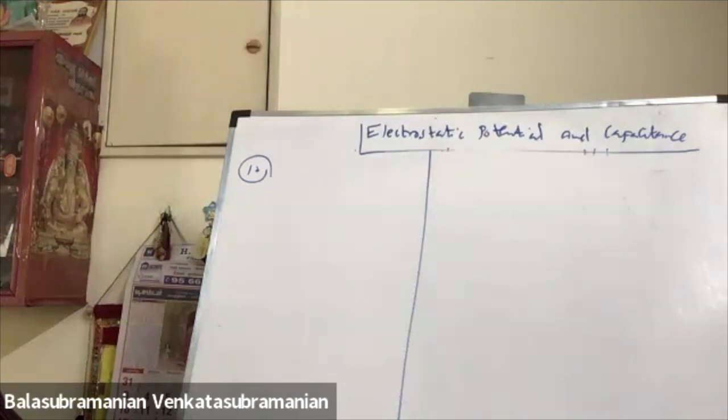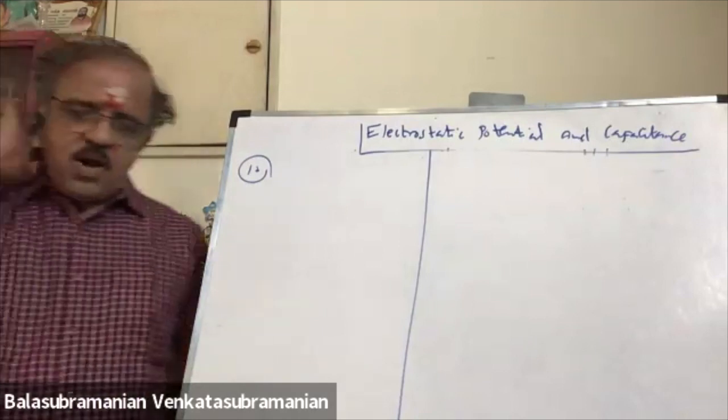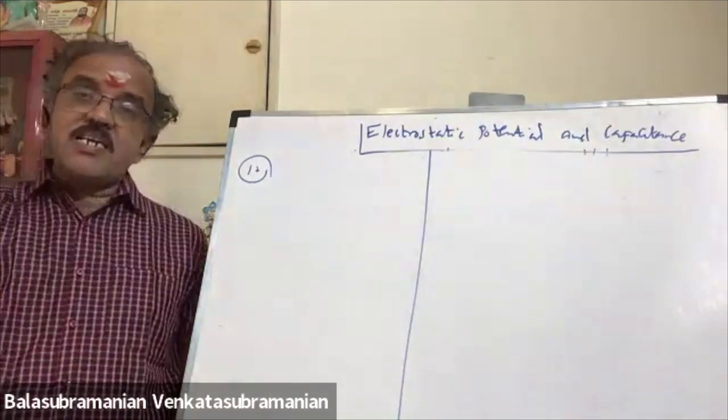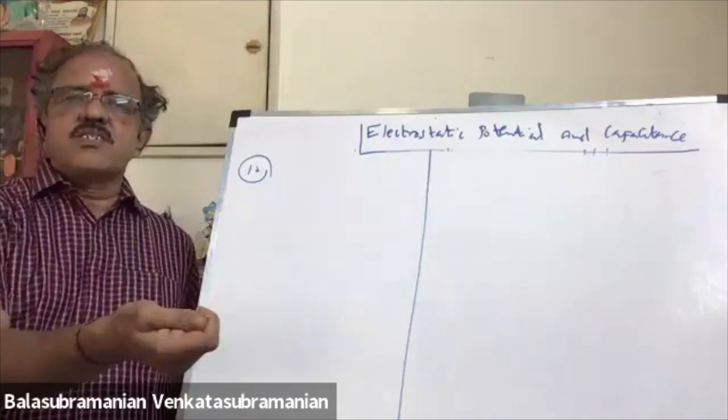Distance d for air medium. We have to increase the capacity by 66%. The dielectric constant is epsilon r, phi. What is the thickness of the slab they are asking.